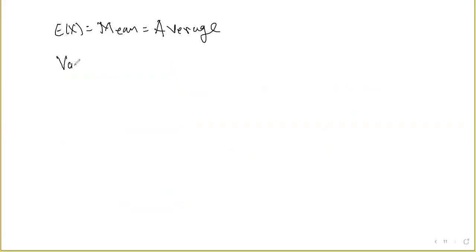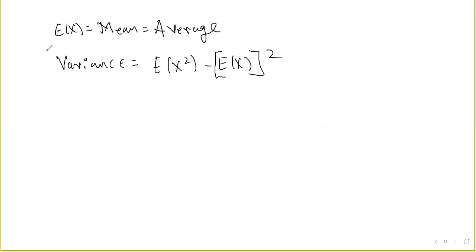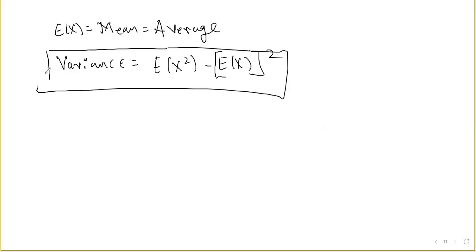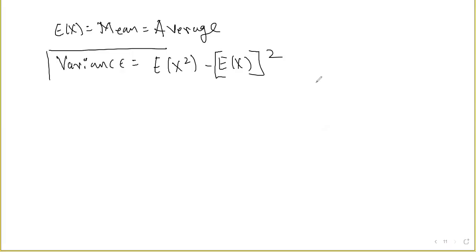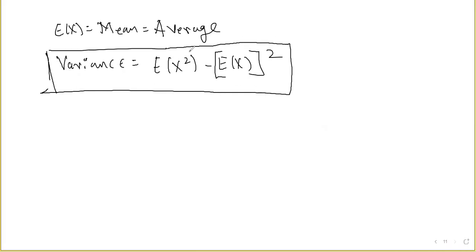Now we are going to find the variance in the next class. In terms of expectation, the variance is given by expected value of x square minus expected value of x whole square, right? Already we know how to find expected value of x, so as a practice I took how to find expected value of x square also.